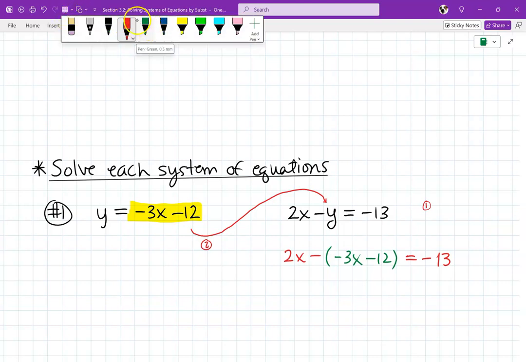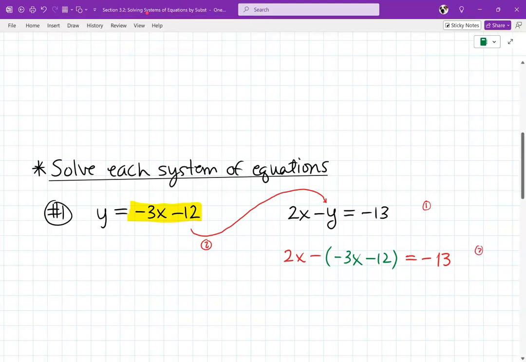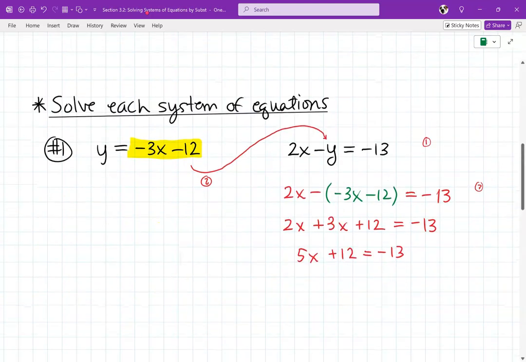Now I got to solve it. I'm just going to put a little 3 over here so you can see that that's happening at that point. Now let's go ahead and solve. So I get 2x plus 3x plus 12 is equal to negative 13. This gives me 5x plus 12 is equal to negative 13.